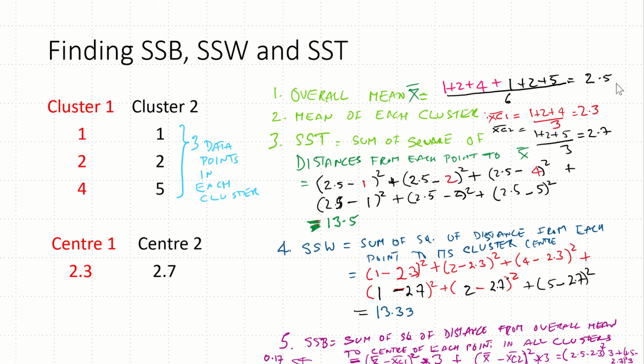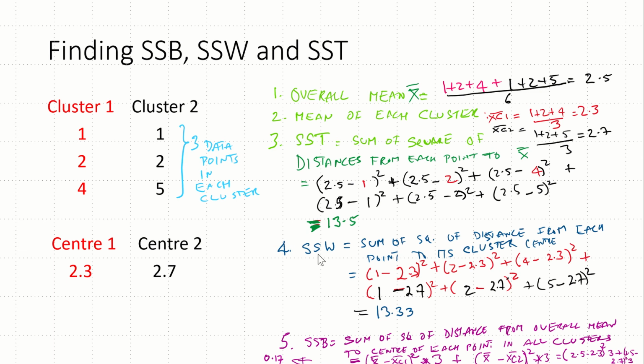That is 2.5 minus 1 squared plus 2.5 minus 2 squared plus 2.5 minus 4 squared plus 2.5 minus 1 squared plus 2.5 minus 2 squared plus 2.5 minus 5 squared, which computes to 13.5.